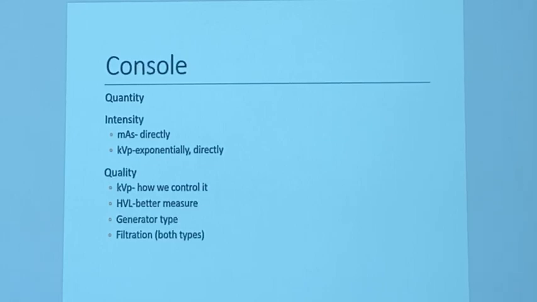So when I was in school, I had a hard time making the leap between intensity and quality. Intensity to me meant power, meant KVP. But in this context, intensity just means numbers. So intensity is the quantity, which is directly related to the mass that you use.